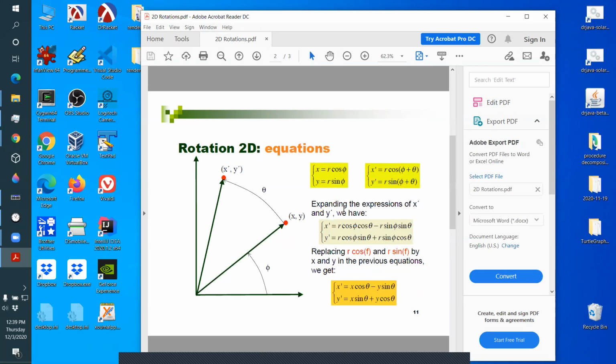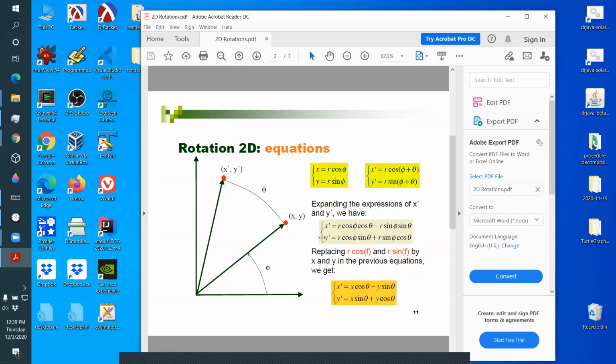Then it's done over here. This is the derivation. (x, y) starts out with an angle phi. It's going to get rotated by the angle theta, but it starts with the angle phi. The trick is to write x in polar coordinates. Instead of writing it as (x, y), you write it with radius r and angle phi.